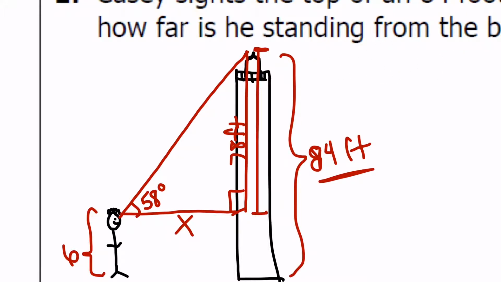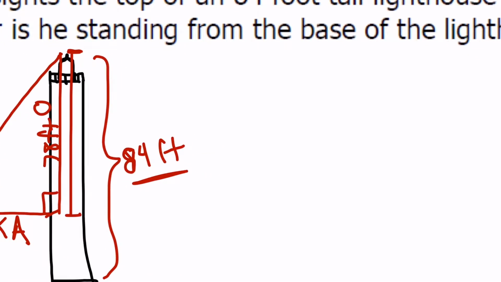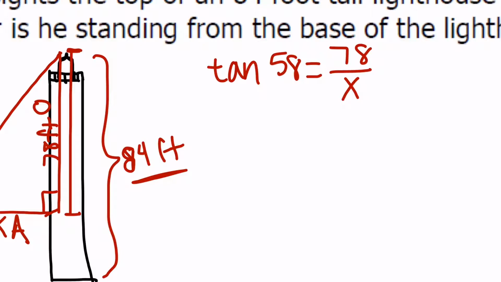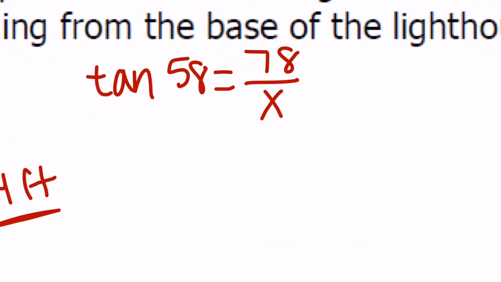Now, I can use these two pieces of information to find this side. This side is my opposite from my angle, and this side is adjacent. So that tells me I'm going to use TOA. I need tangent. So the tangent of my angle, 58 degrees, is equal to my opposite side, 78 over x. Now, all I do is solve my tangent function. So multiply both sides by x.